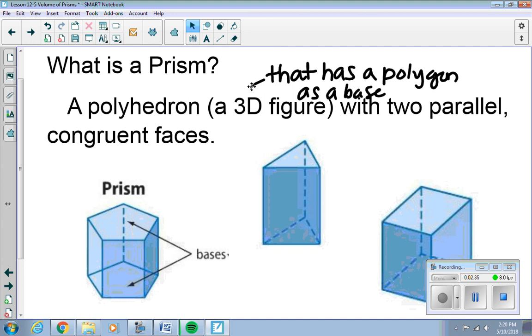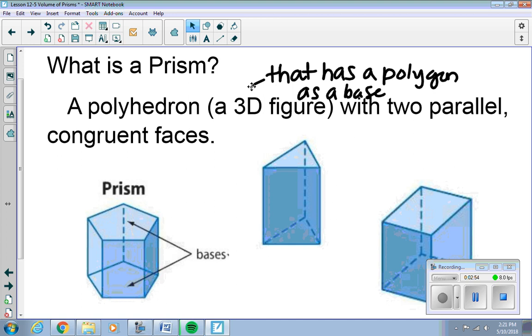So what would the bases of this be? The triangles. But it's not sitting on it. Even though it's not sitting on it, doesn't mean these are not the bases. Does that make sense? Prisms don't have to sit on the base.